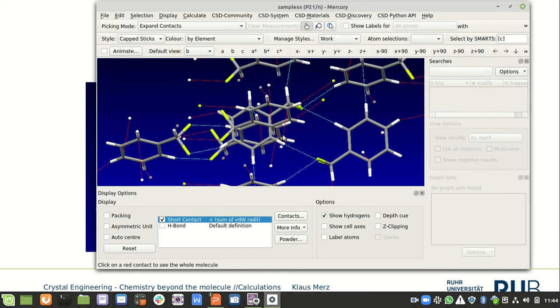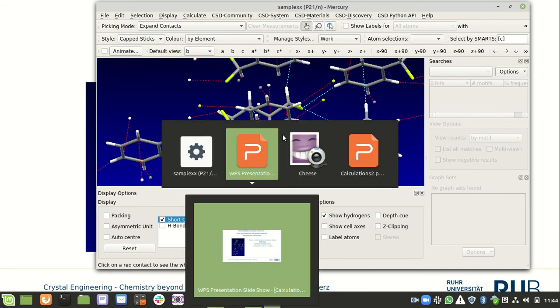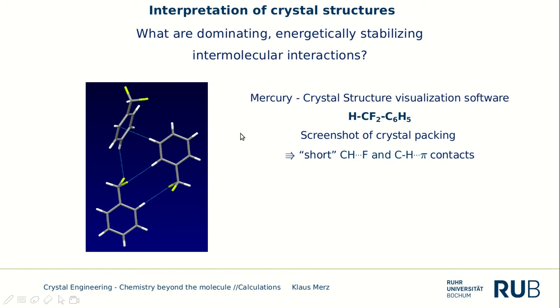Once again, what is the dominating intermolecular interaction? Several short CHF and CHπ interactions. What are the dominating ones? Question to you. What do you think? What is your suggestion?